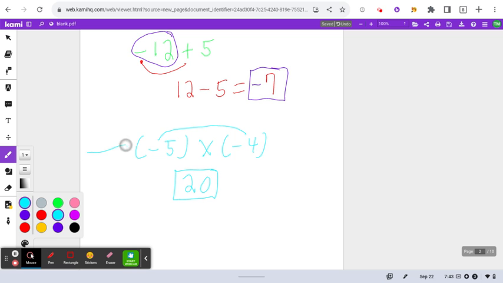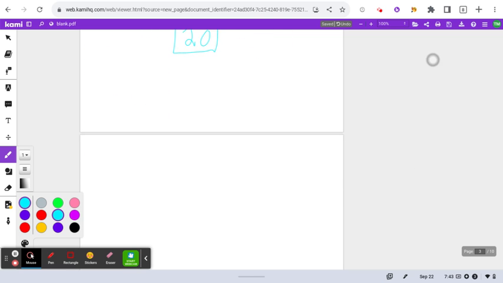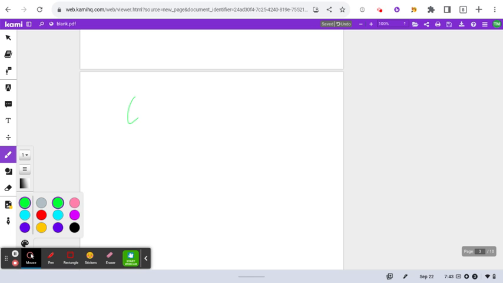Negative times negative is positive. If you had opposite signs, if you had a negative 4 times a positive 5, you would then know that opposites, right? It's like we said earlier, opposites subtract. With the opposites, you'd end up with a negative. So you this time get negative 20.